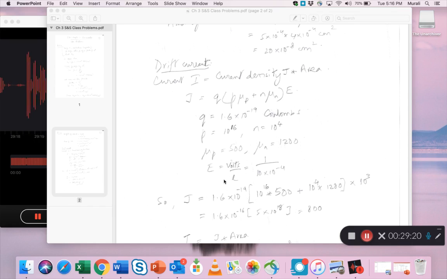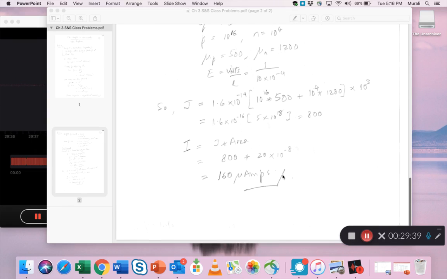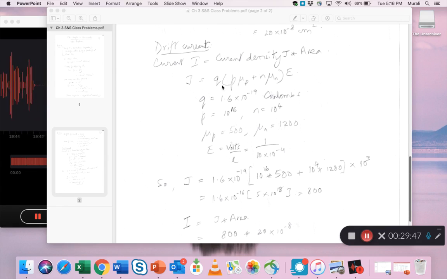And so we've got mu P, mu N, we've got E, which is volts per length, which is 1 volt divided by 10 times 10 to the power minus 4, because it was given in micrometers. And so we have everything we need to put into the formula for J. We have the Q, the P, mu P, N, mu N, and then the E, which is this value.